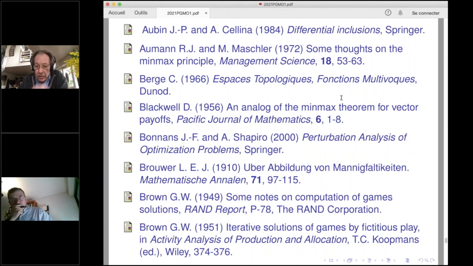Berge, this was the intersection lemma. Blackwell, this was the unilateral procedure and the approachability. I use Bonnans for the envelope lemma, and Brouwer for the fixed point.